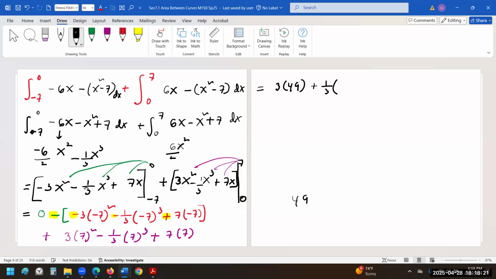So basically 49 times 7, 343. We have negative 343 for negative 7 cubed. And then because of this minus, this will turn into minus, right? And this minus and the negative 7, they will turn into positive 49.